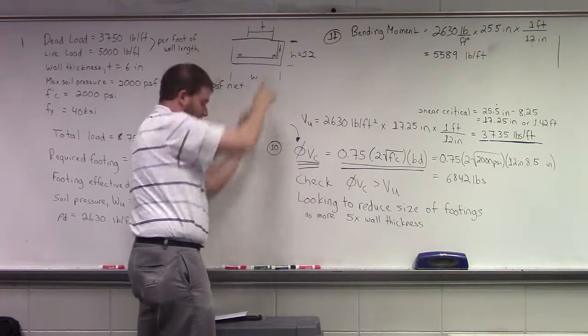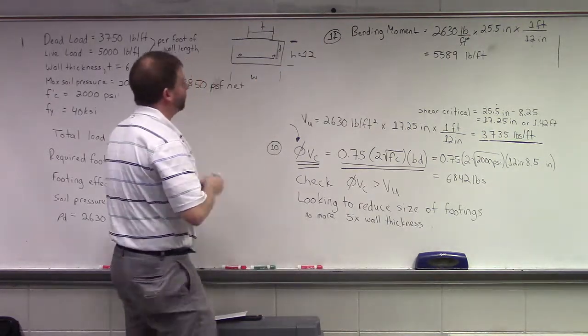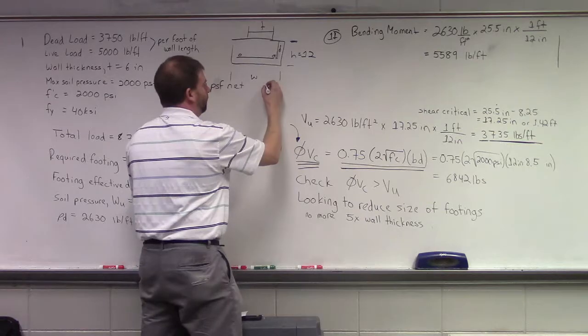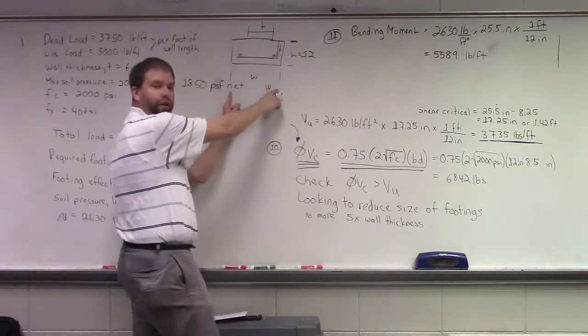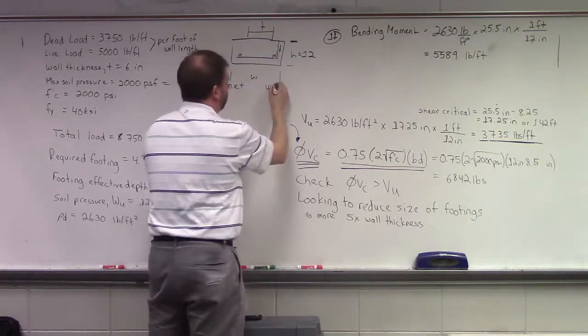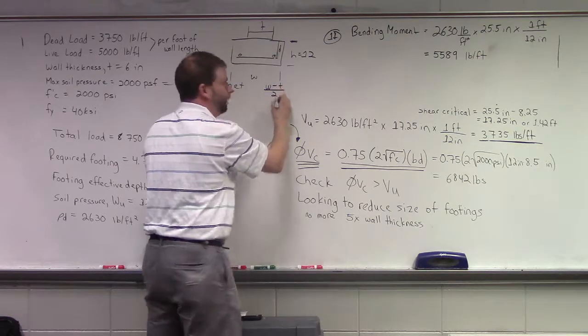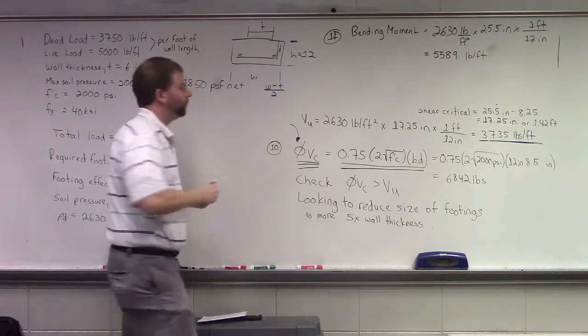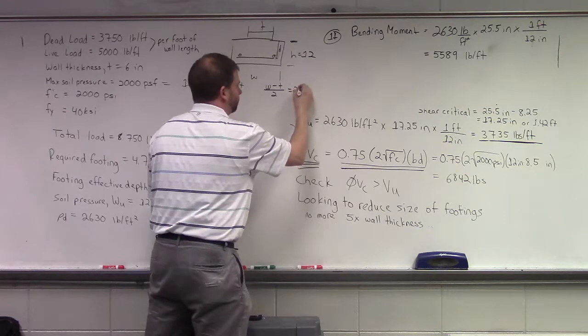We figured out that dimension by taking the width of your footing, subtracting the thickness of your wall, and dividing by 2. So that's where that number comes from.